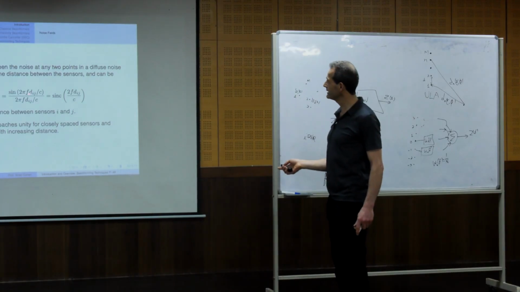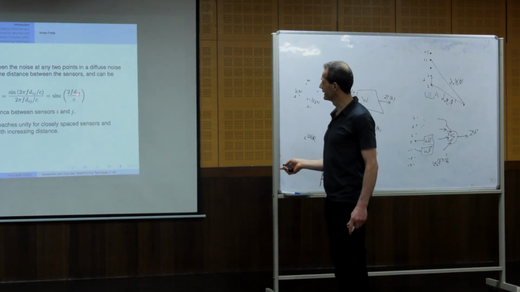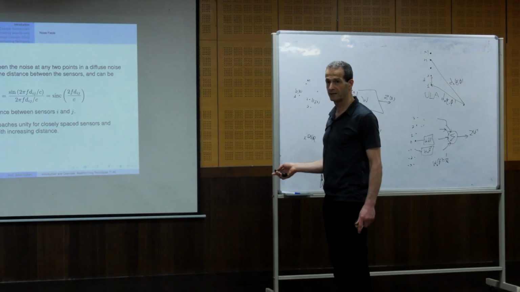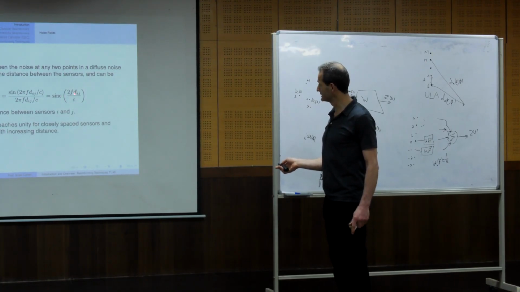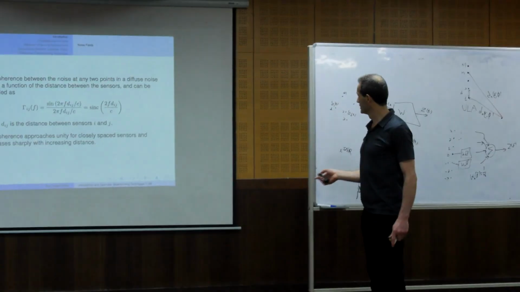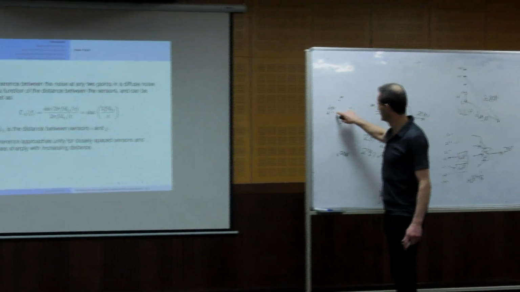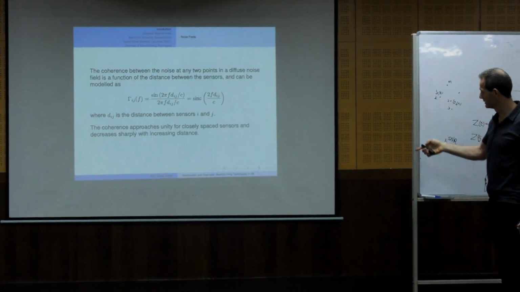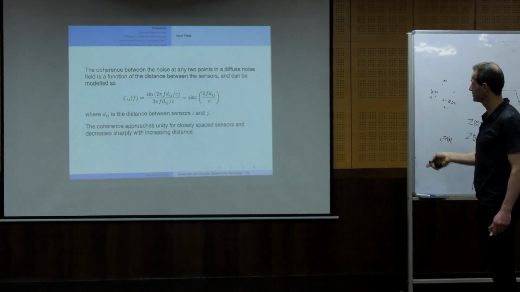F divided by c is actually 1 over lambda, the wavelength. So if we take the distance between two sensors divided by the wavelength, it goes like a sinc function of that.